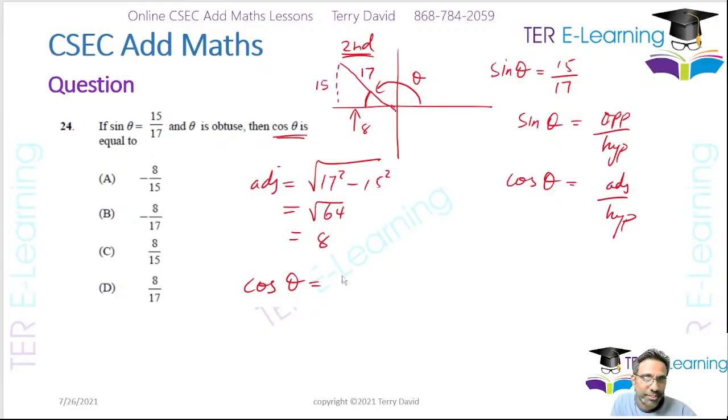That's what cosine is. So if we look at the diagram, the triangle, my adjacent here is going to be 8, but it's really minus 8 we have to put because I'm in my second quadrant. So it's minus 8 divided by my hypotenuse, which is 17. So it's minus 8 over 17. So question 24, the answer is B, right? So 24, the answer is B.